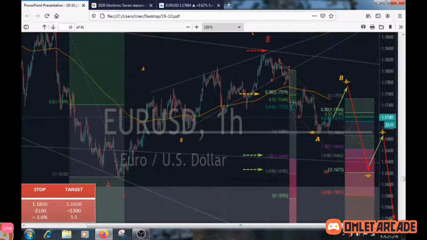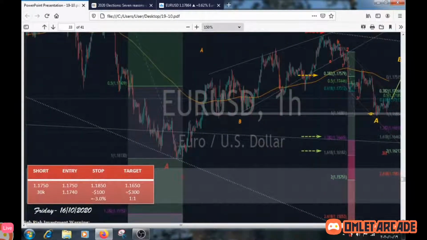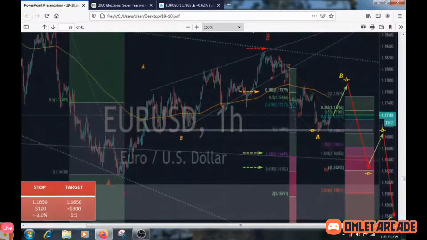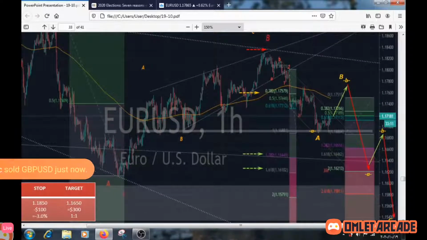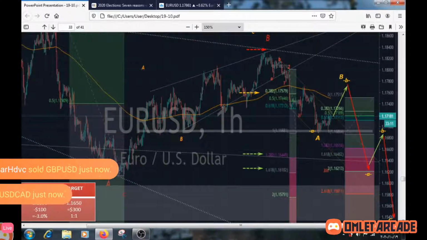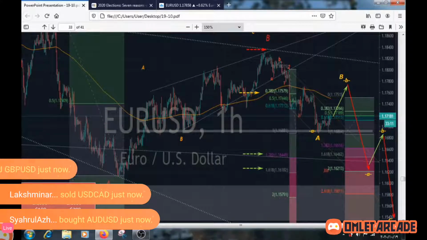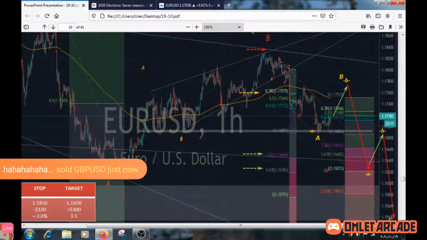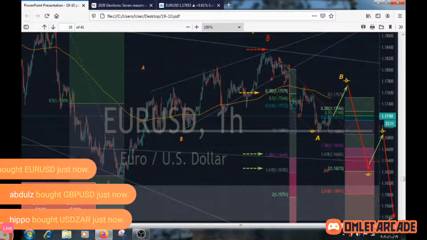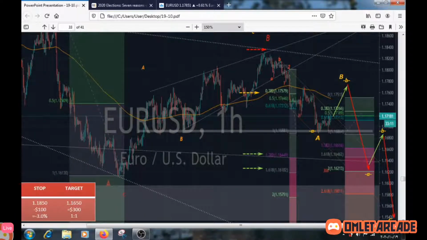Alright, so we were planning to short actually 1.1750, 1.1740. These entries here are 1.1760, 1.1745, and 1.1740. So speculators drove the issue up because there was a press conference for the ECB president today.